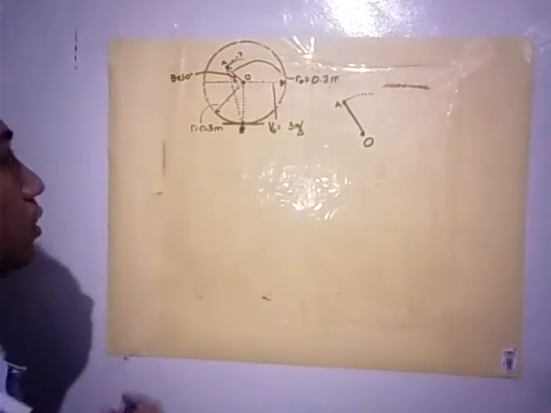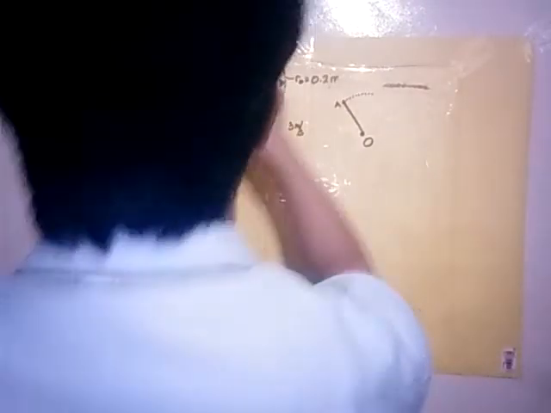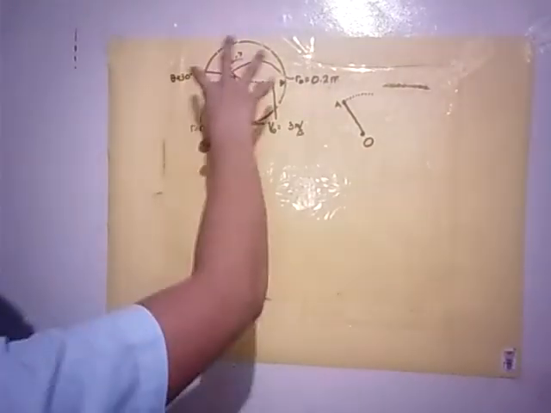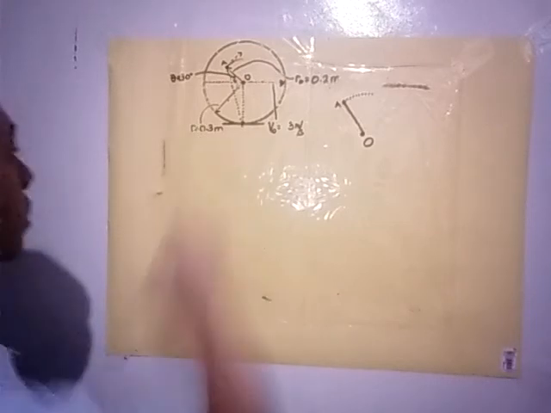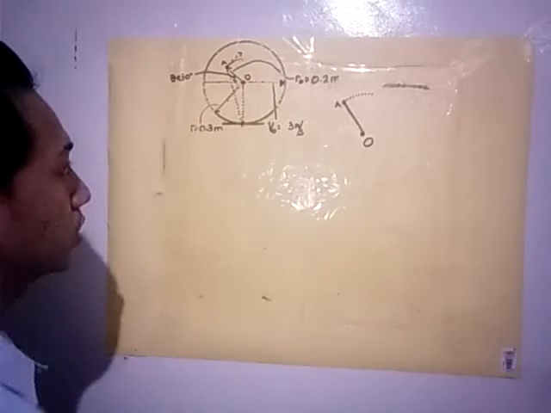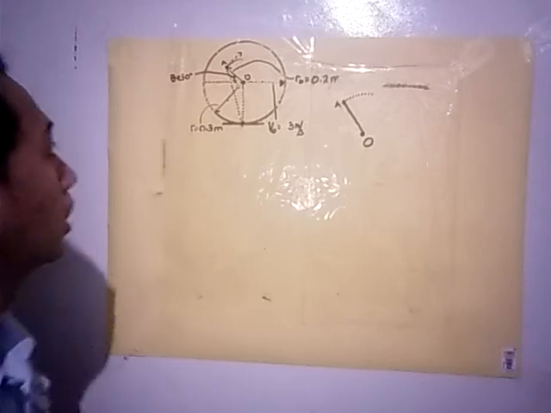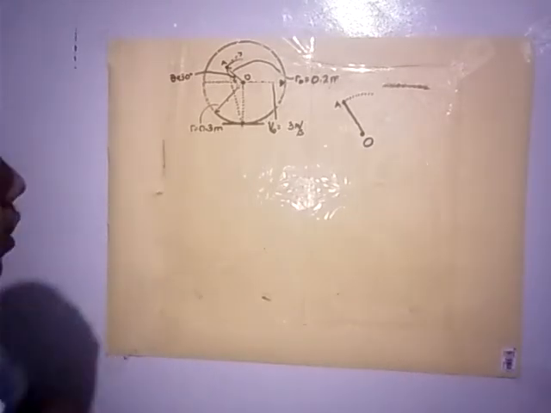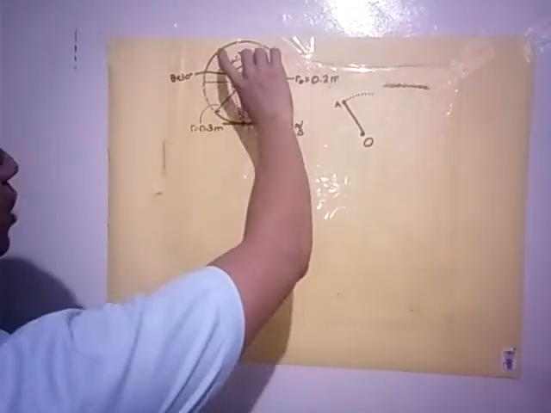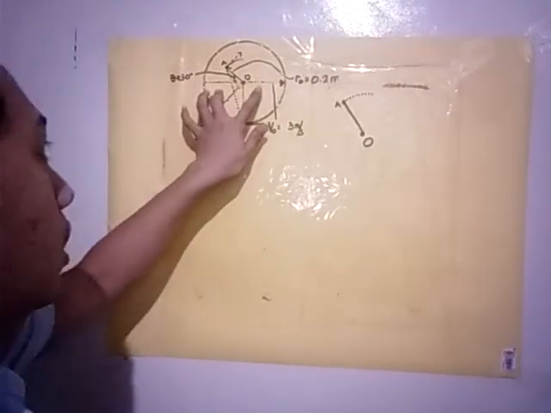So in this one, I draw a wheel which has a 0.3 meter radius, and the velocity of its center O is 3 meters per second, and we are required to calculate the velocity of A in an instant in which the line AO gives a 30-degree angle to the horizontal axis.